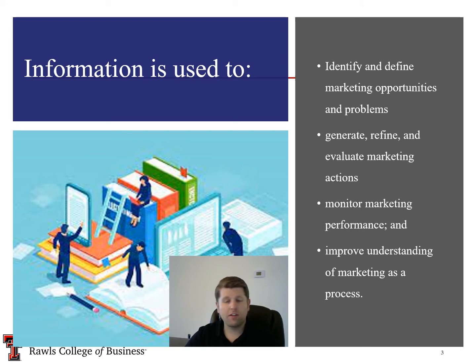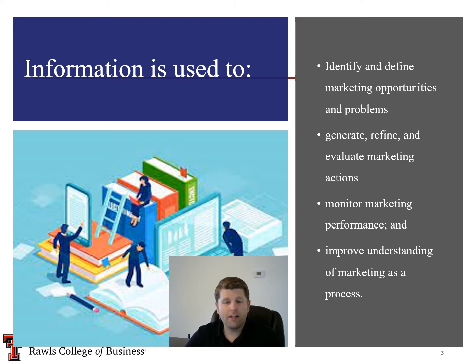And that goes to the next thing: we can use the information to monitor our performance. We can do this over time, and often that's one of the key things that companies have to look at to ensure that, okay, we're meeting our sales quotas, our advertising is working.